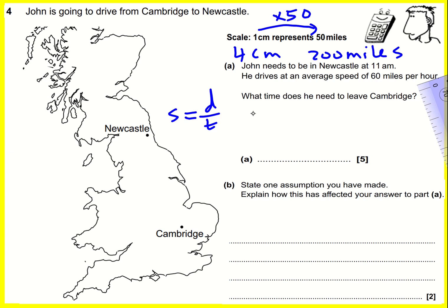So we can rearrange that to speed times time is equal to distance, or time is equal to distance divided by speed. I made a mistake there. Time is equal to distance divided by speed. In our case, time is going to equal 200, that's the distance, divided by 60. Put that into your calculator.